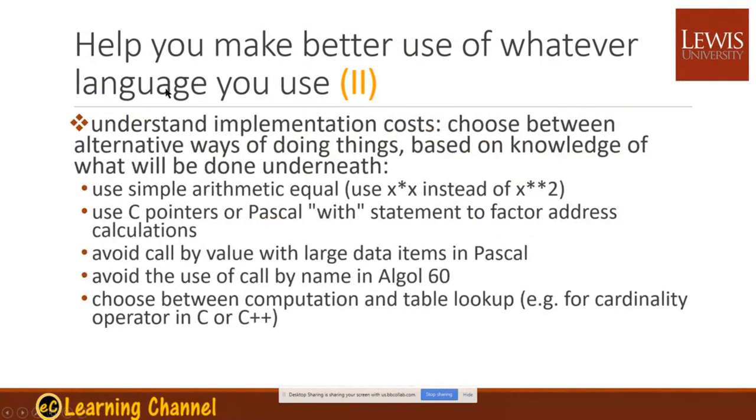The second purpose is to understand the implementation cost. If we do this, how much computation do we have, and if we use this, how much time do we need to spend. So we have a comparison of different ways of implementing things, and how much computing cost we need to pay.